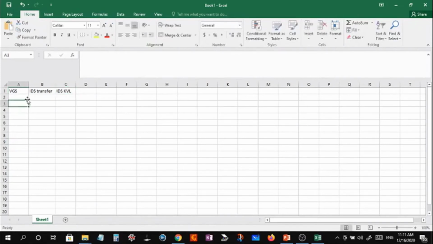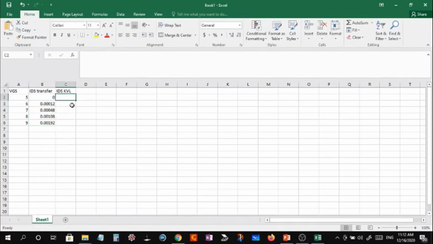The VGS starts from 5, 6, 7, 8, 9. IDS transfer is K, 0.12 milli, times VGS minus 5, squared.